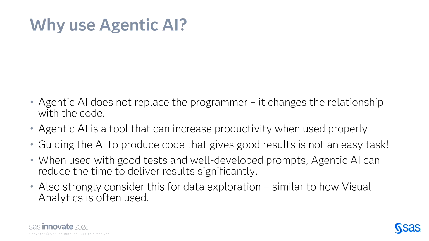And the other thing I want to mention, just as a thought, who likes to do data exploration? So you get a data set and you just sort of want to look around. Yeah? Agentic AI is really good at that. What I used to use before this, I think, was visual analytics. Right? I'd pop open a data set in visual analytics. Visual analytics is still a really good tool for that. You can click on a couple variables, pop them into a chart, see, oh, this is interesting. I've got a lot of missingness here, or it's very one-sided. Most of my people answered yes instead of no in this question. That seems weird.